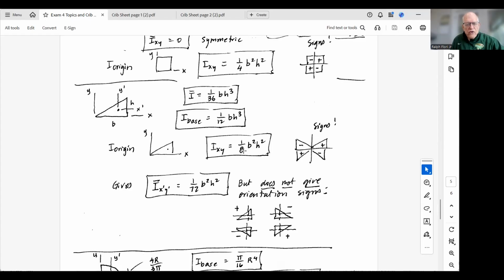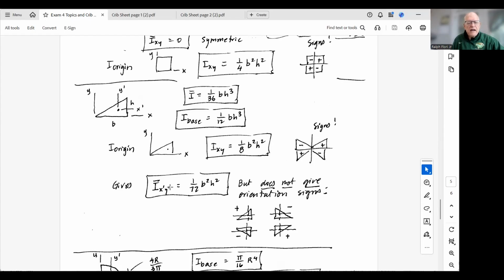He gives you this formula, but remember this formula is positive in quadrant 1, negative in quadrant 2, positive in quadrant 3, and negative in quadrant 4. So this is the product of inertia for a right triangle whose point touches the origin of the XY axes.